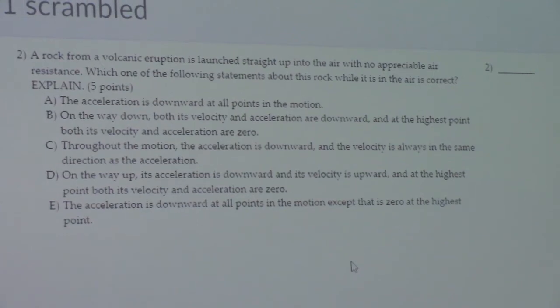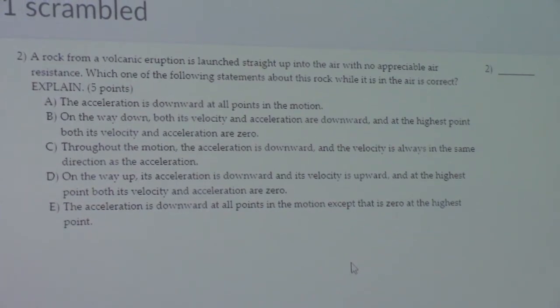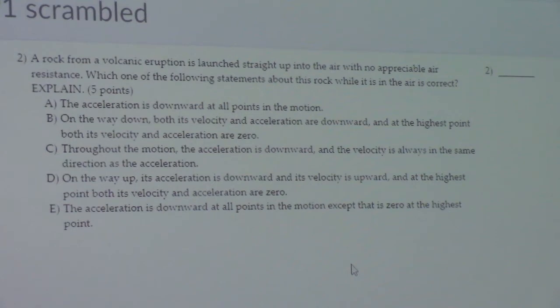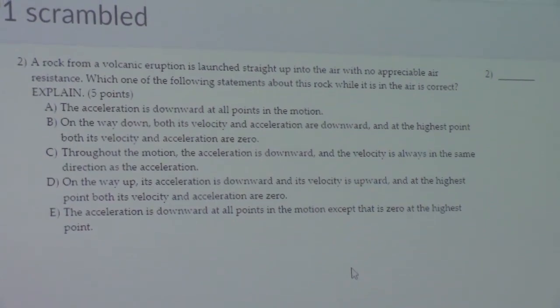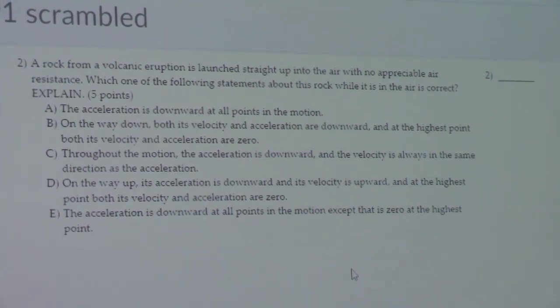The whole time, there's a force down, even at the highest point. So it's not B. Throughout the motion, the acceleration is down, and the velocity is always the same direction as the acceleration. So that's not true, because on the way up, the velocity is up, but the acceleration is down. D, on the way up, the acceleration is down, velocity is up.